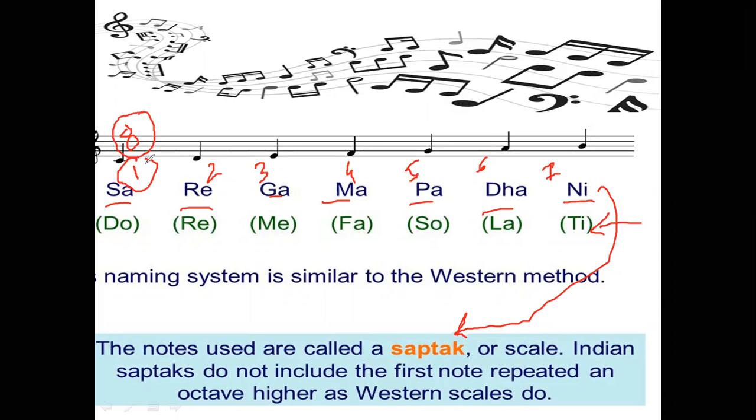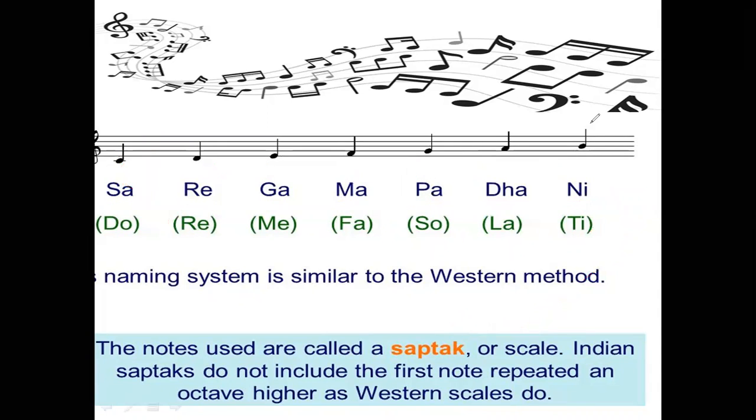So the first and eighth are similar. Newlands used this same observation, the Western musical notes. So here we got Newlands' law of octave: the property of the first element is similar to the 8th element.